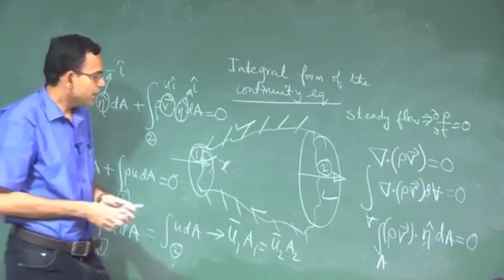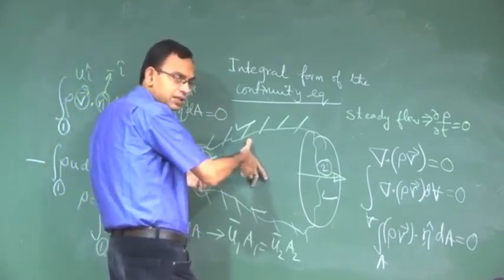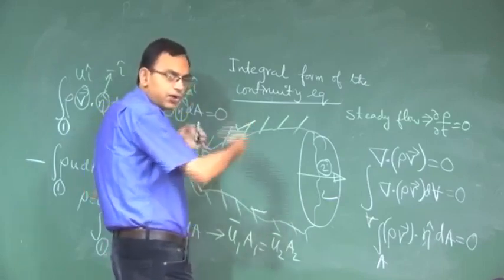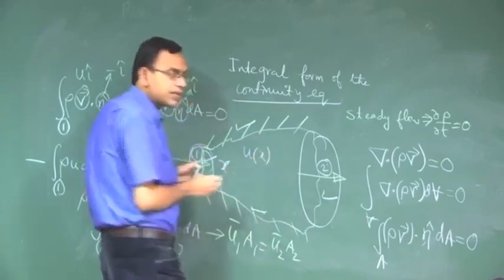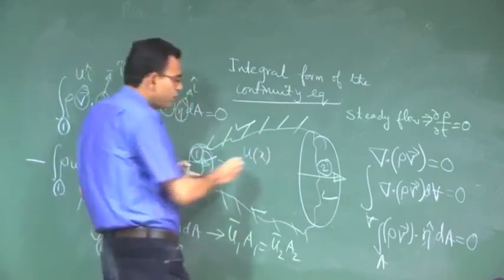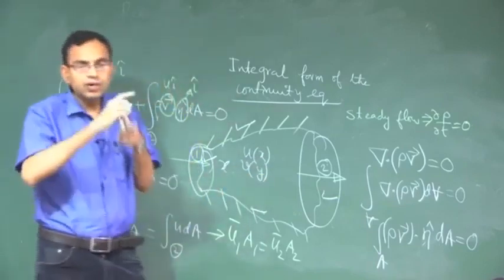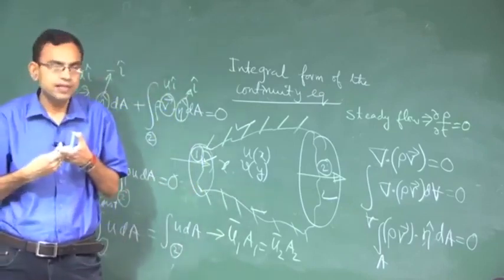In fact, in such a geometry you will definitely have at least a 2-dimensional flow inside. Why? Because the area of cross section is changing, the x component of velocity will also change to satisfy the mass flow, so u is a function of x. Because u is a function of x, you must have v also a function of y, because del u del x plus del v del y equal to 0 for the continuity equation to be satisfied.